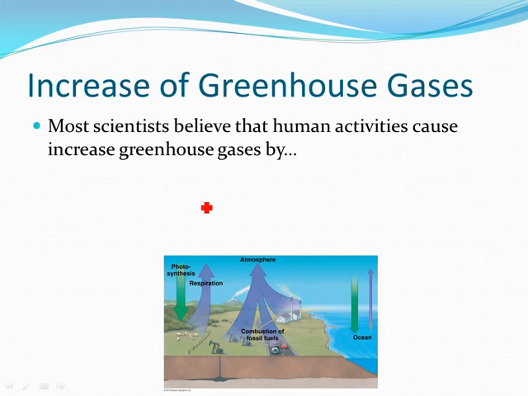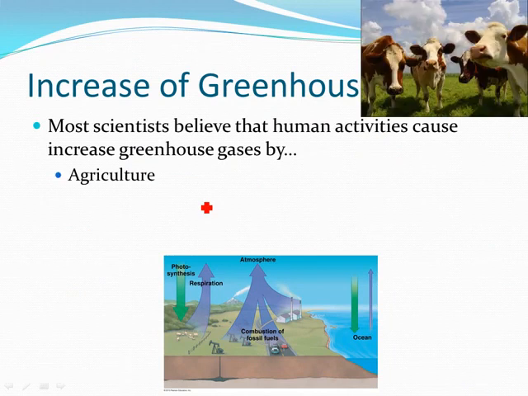So most scientists believe that human activities are the cause of the increase in greenhouse gases, and this is due to, as we said earlier, agriculture, right? Cattle, including humans, produce carbon dioxide just by breathing, and also some methane by flatulence, or farting if you want.